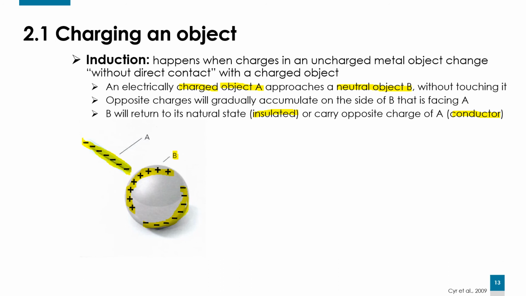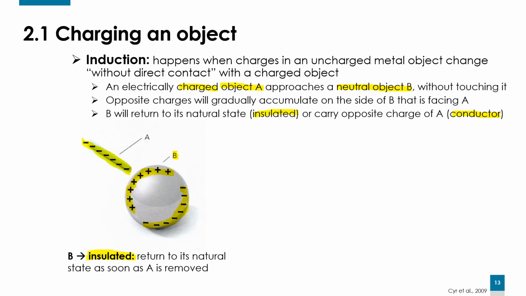So what's going to happen? In B, the opposite charge will go closer to that conductor, in this case A, and the same charge will go away. If the object B is insulated, remember what insulated materials are.